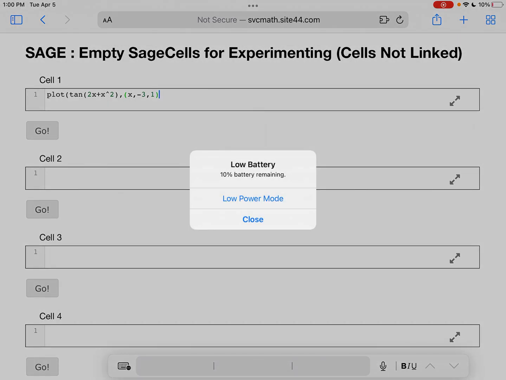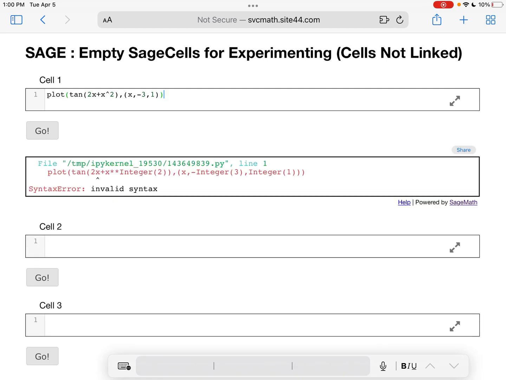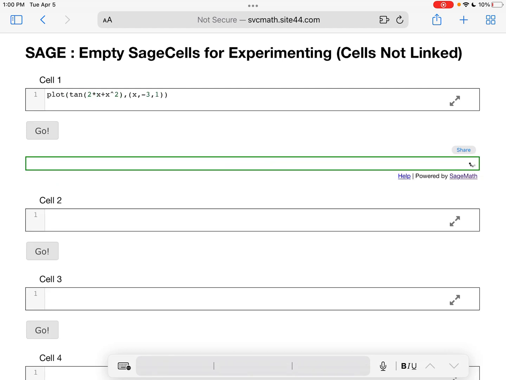I start with just the simple expression to plot. I need to make this 2 times x so it knows what it is.